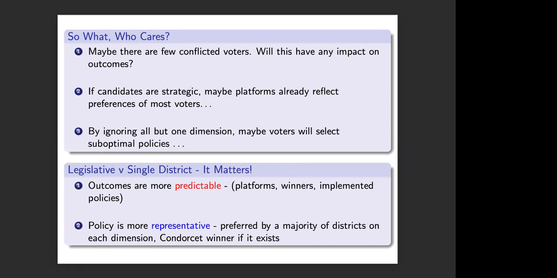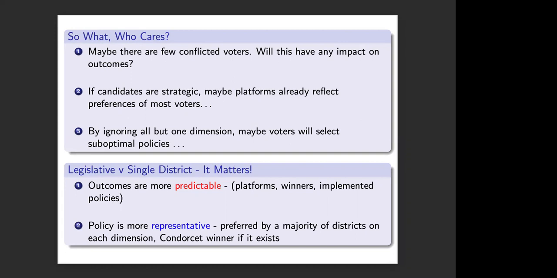Which I think is somewhat interesting because when we think about strategic versus sincere voting, traditionally you tend to think of sincere voting as, at least you know what you get, right? Everybody votes for their favorite guy or something like that, and then the outcome will be predictable, right? Whereas with strategic voting, you can have lots of different equilibria that people will coordinate on, and it could be a mess.